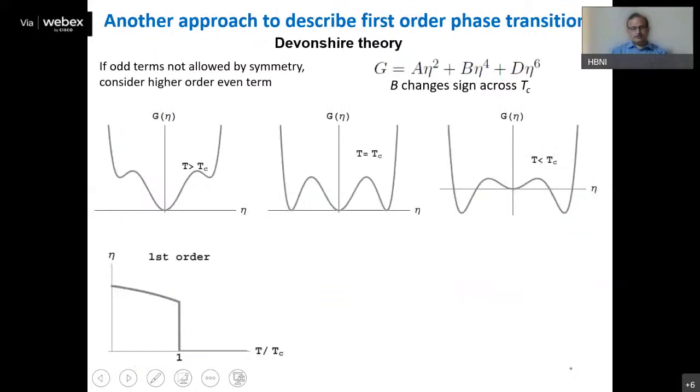Now come to the case where the order of transition is first order, but the symmetry does not allow the third order terms. In this case, Devonshire extended this Landau theory by adding some higher order term, like the order parameter to the power 6, in order to explain this kind of phase transition.